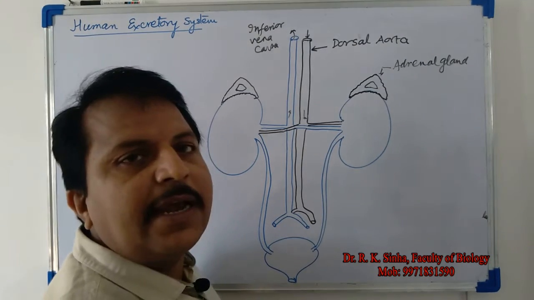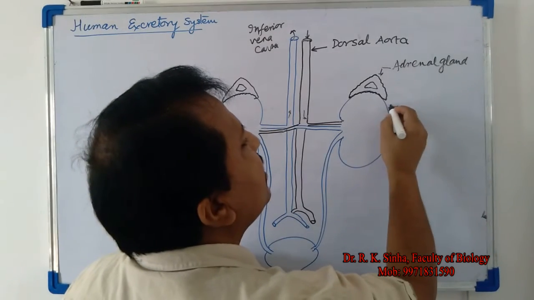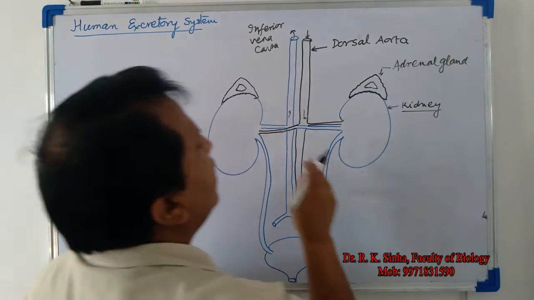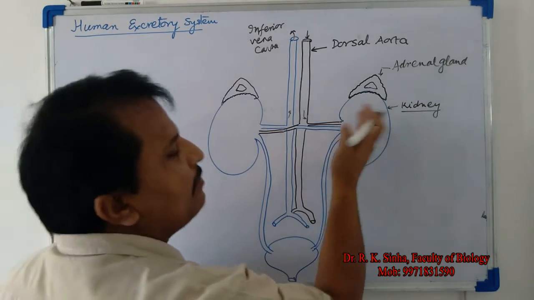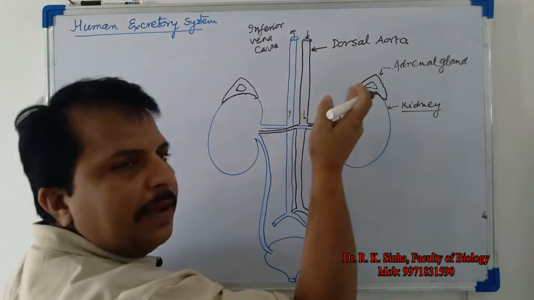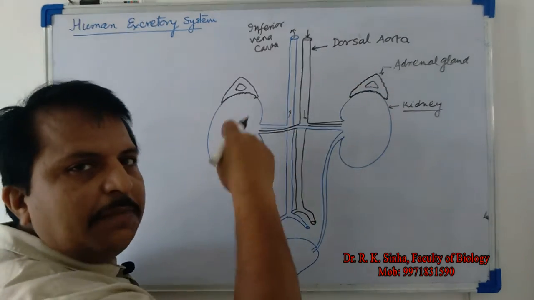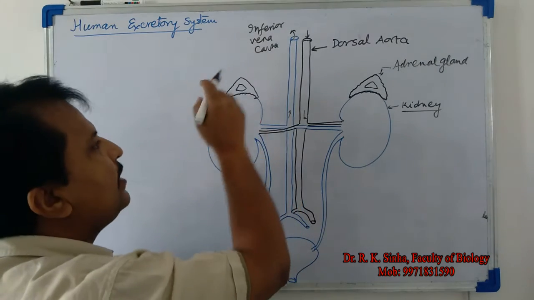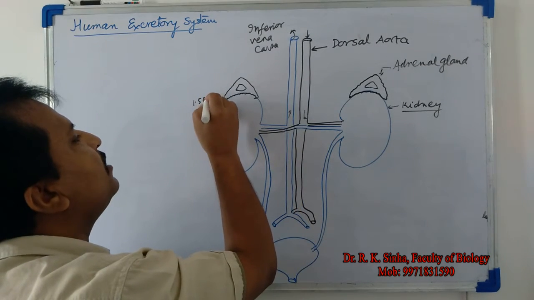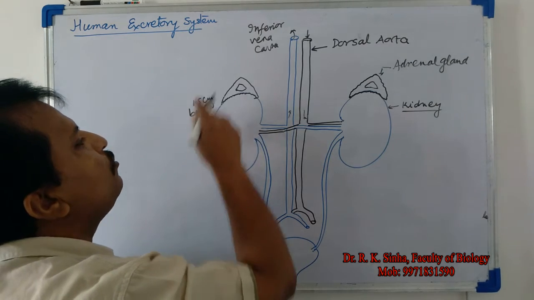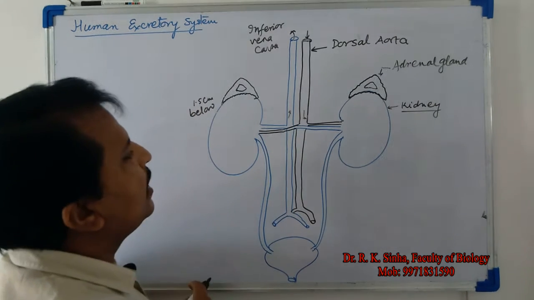There are two kidneys in the human body, the right kidney and the left kidney. The left kidney is a little bit up, and the right kidney is 1.5 centimeters lower due to the presence of the liver over it.